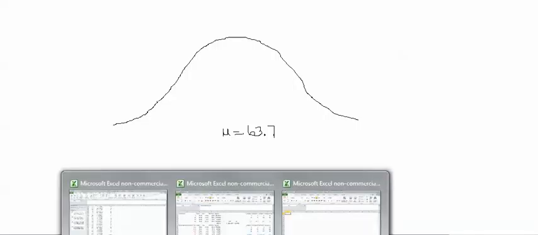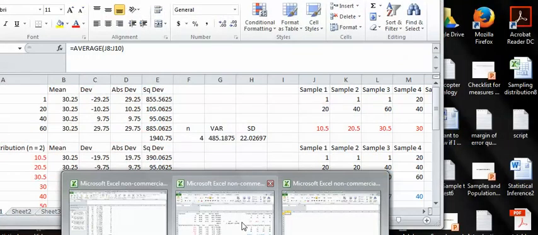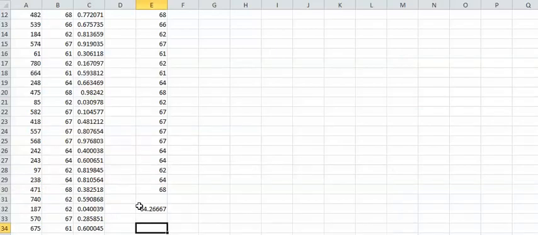So the population mean of 63.7, which I calculated, is at the center right here, and then the sample mean was 64.2, which was a little bit higher. So if this is the population mean, the sample mean of 64.2 is about there. It's pretty close.